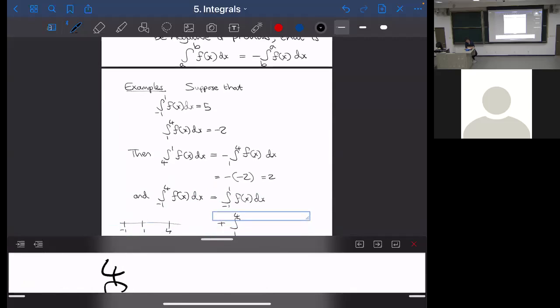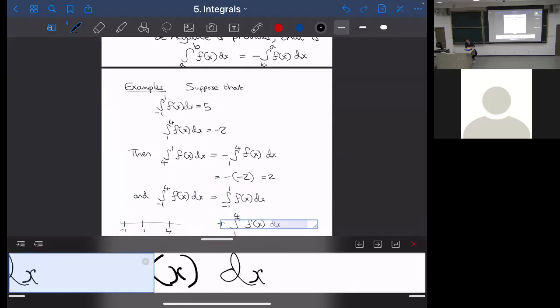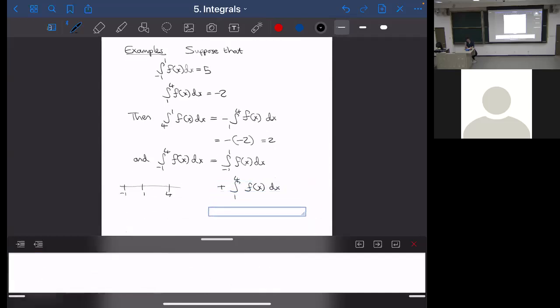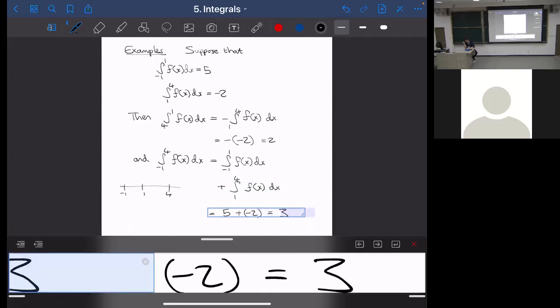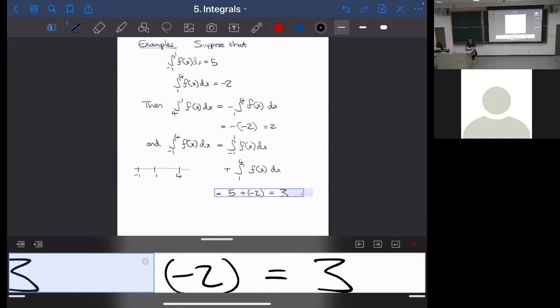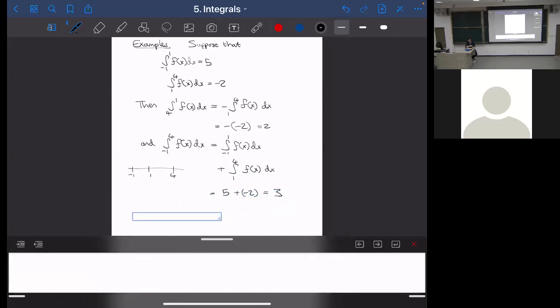So the formulas get quite big with these integral signs. So I can put in these values, 5 and -2, equals 3. So there are lots of calculations I can do like this. And one more example.